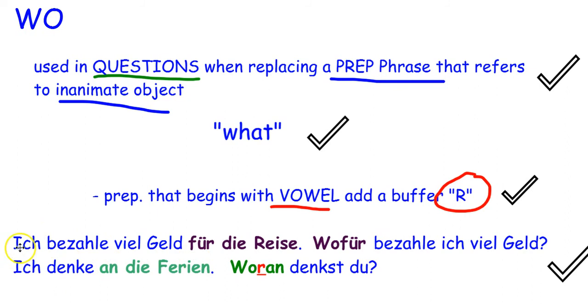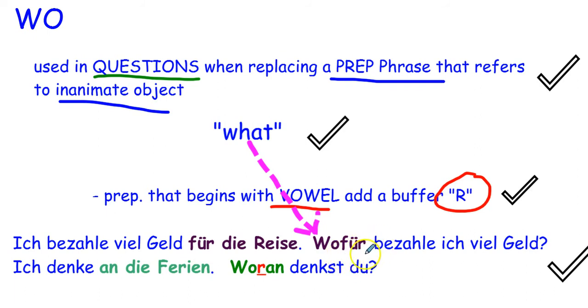If I had the statement, ich bezahle viel Geld für die Reise. I pay a lot of money for the trip. For what do I pay a lot of money? That's where you're getting this use of wo for what. So you're saying, for what did I pay a lot of money? Oh, für die Reise, for the trip.